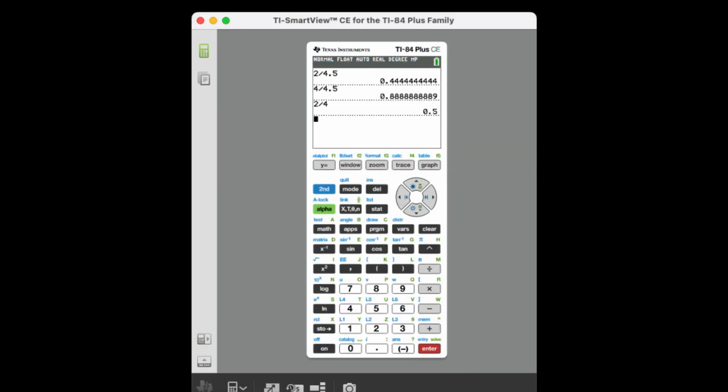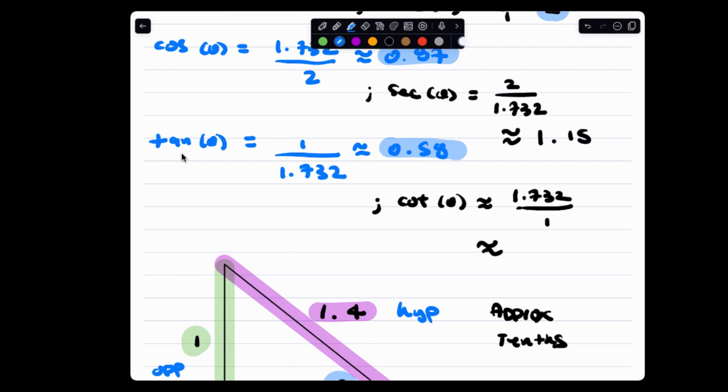So we have 2 divided by 1.732. What does that give you? Remember, it's the nearest hundredths. It's 1.15 numerically, is that right? So this first one, 1.15.